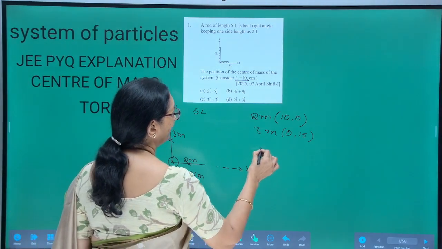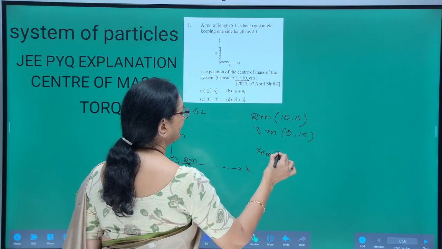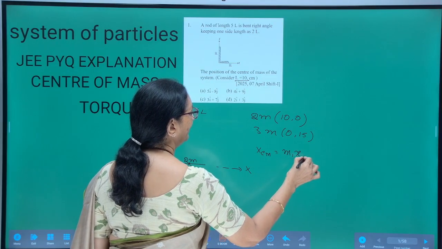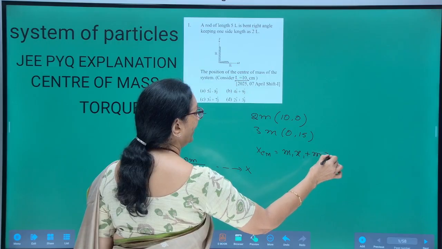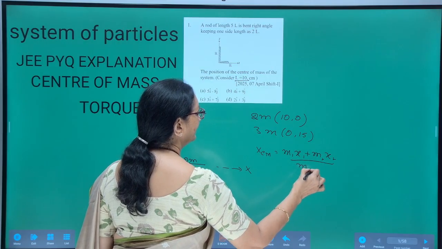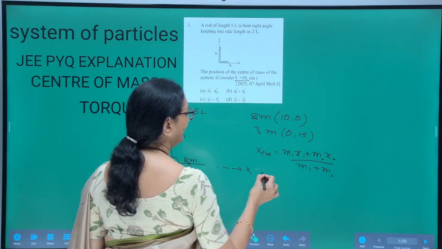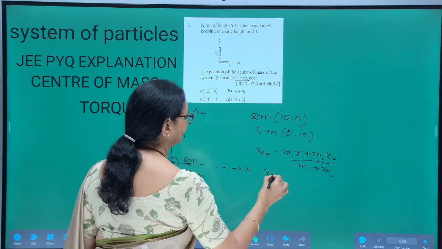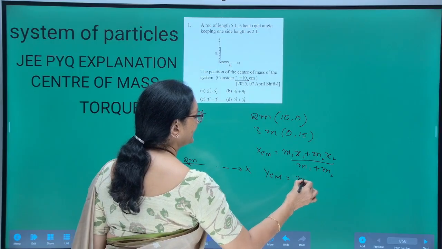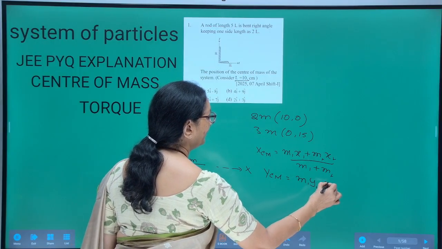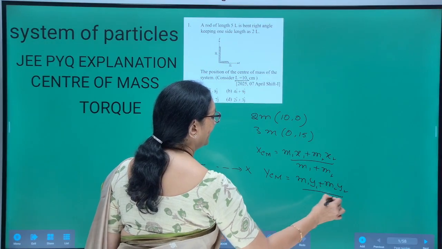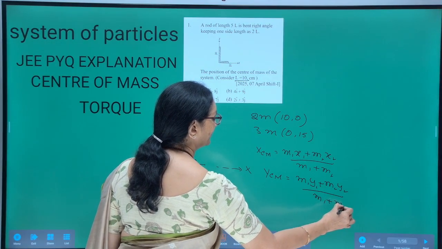Now, the formula for x coordinate of center of mass is m1 x1 plus m2 x2 by m1 plus m2. Similarly, y coordinate of center of mass is m1 y1 plus m2 y2 by m1 plus m2.